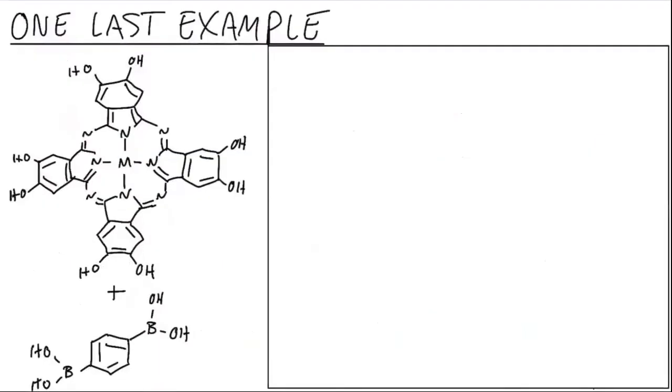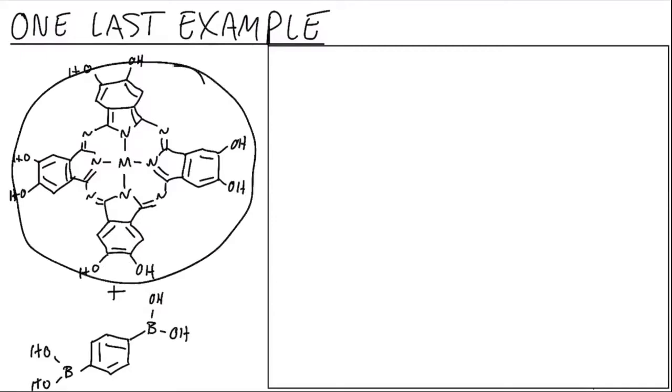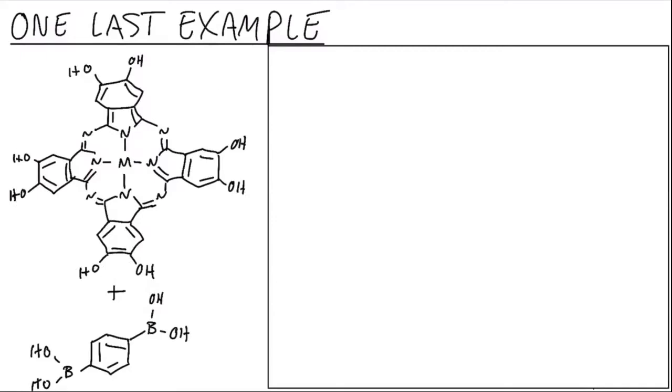I have one last example for you that I basically have to put in here because it's my favorite example. It's something that I worked on during my PhD, which you guys don't need to know anything about, so I'll make this really quick. We have this big, crazy honking molecule. Please don't write this down in your notes unless you really, really want to, because you will not be asked anything about it. This is called a phthalocyanine, and there's some metal atom in the middle there.